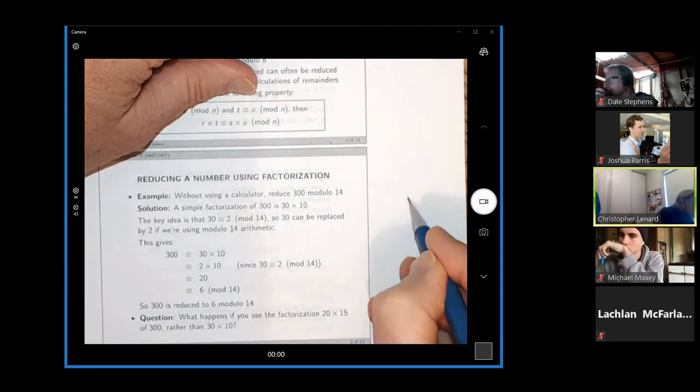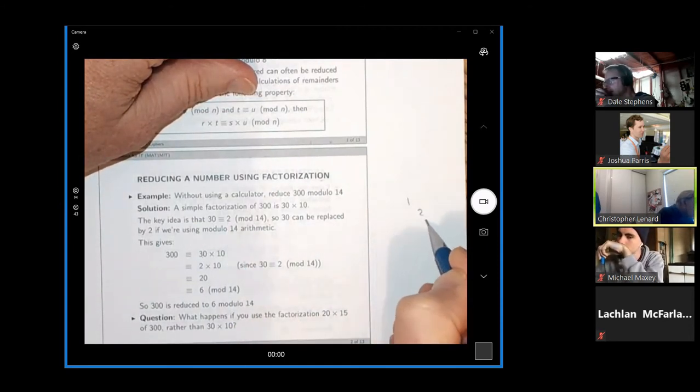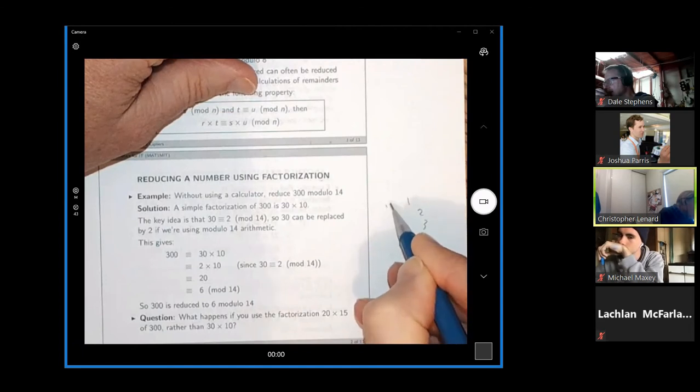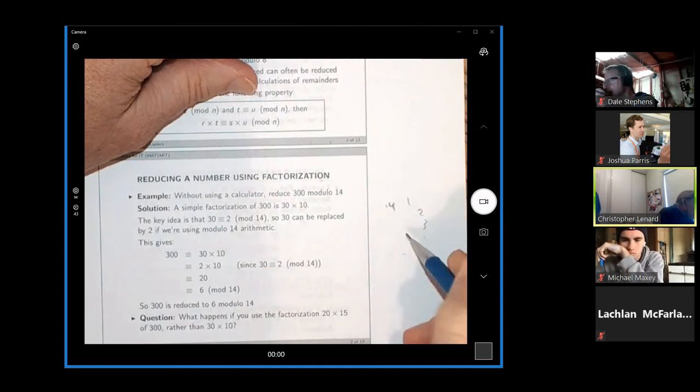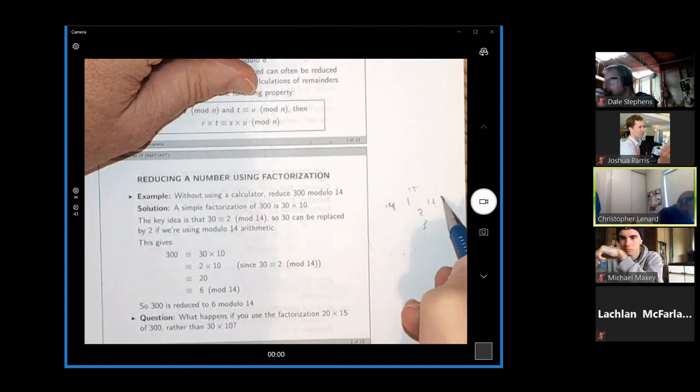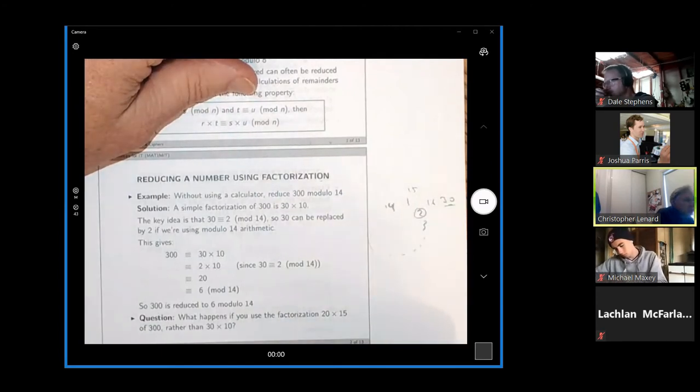If you start with 1, 2, 3, all the way around to 14, and you keep on going around, so that's 15, 16, and you keep on going all the way around, and you get to 30. 30 and 2 are basically the same object in this arithmetic.